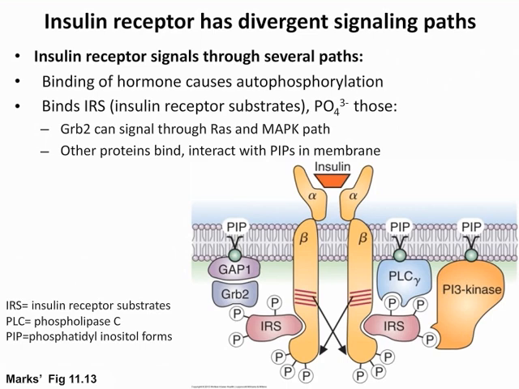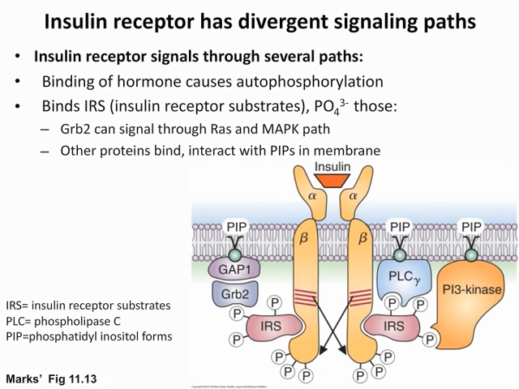If you look on the left, GRB2, remember, has those SH2 domains, and then PLC, if you go back to the phosphatidylinositide phosphate, you'll notice that PLC is required for making DAG and IP3. And then it also has a binding site for PI3 kinase.